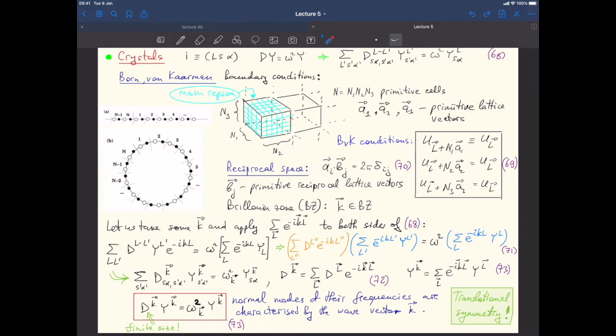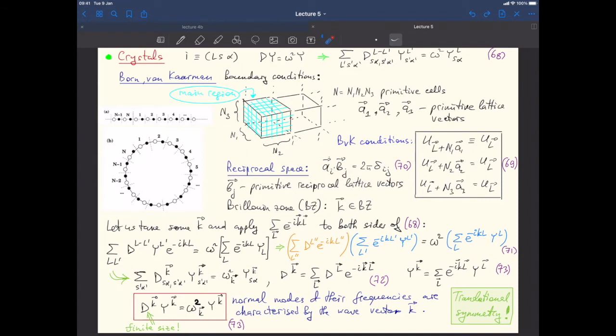These conditions can be concisely written by introducing reciprocal space. So we introduce reciprocal basis vectors B, which are related to the direct basis vectors A by this relationship.